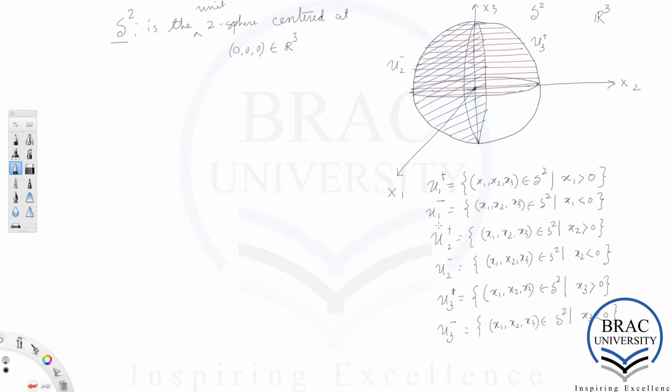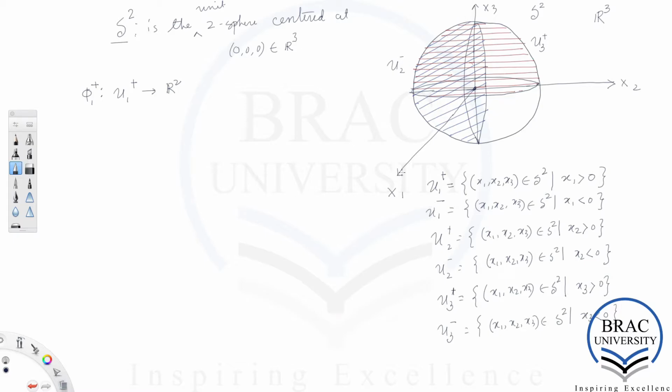Now we need some homeomorphisms, which are like the projection maps that we considered for the circle example. For example, we consider phi 1 plus to be the map from U1 plus to R2. U1 plus is the hemisphere for which X1 is strictly positive, and we project it onto the X2, X3 plane.